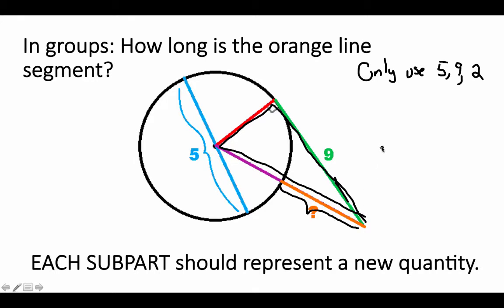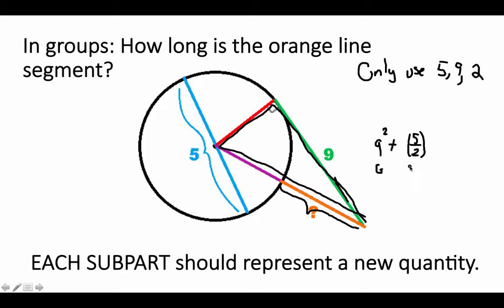So I can write that if I take this length, this is 9, 9 squared plus the red length. And how do I get the red length? Well, the red length is the radius of the circle. I know the diameter of the circle is 5, so the radius of the circle must be 5 over 2 squared.